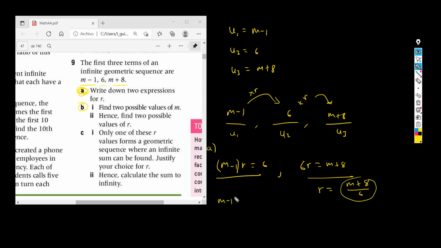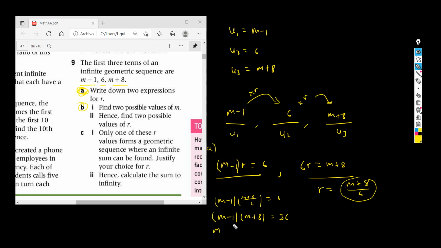So m minus 1 times r, which is this much, is equal to 6. Then I'm going to multiply both sides by 6, and you're going to get m minus 1 times m plus 8 equals 36. And then you will get down to a quadratic equation.